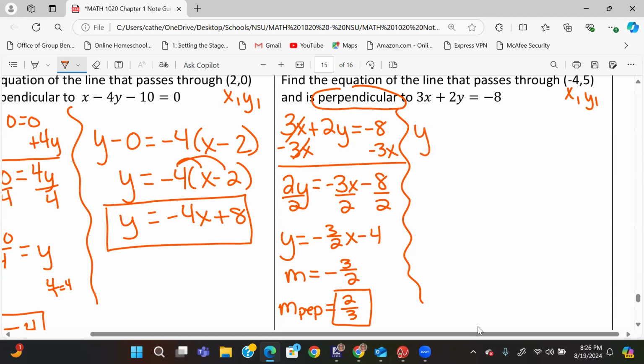All right, so y minus y1 equals m times x minus x1. We have one set of double negatives here. So we're going to change that to a plus.